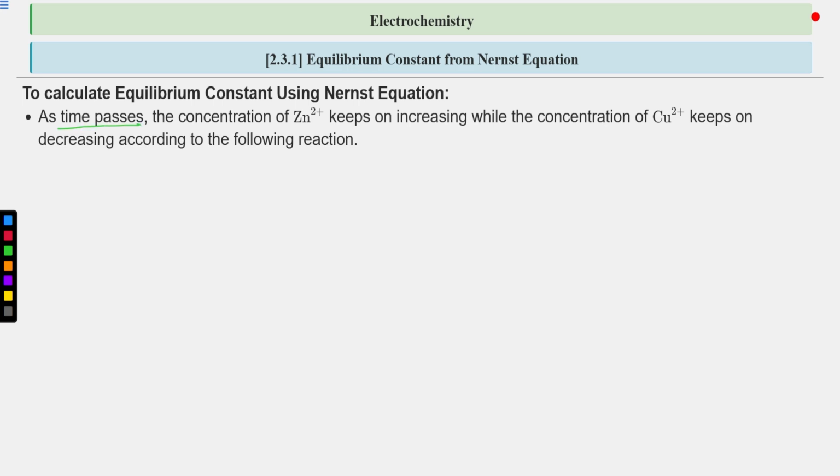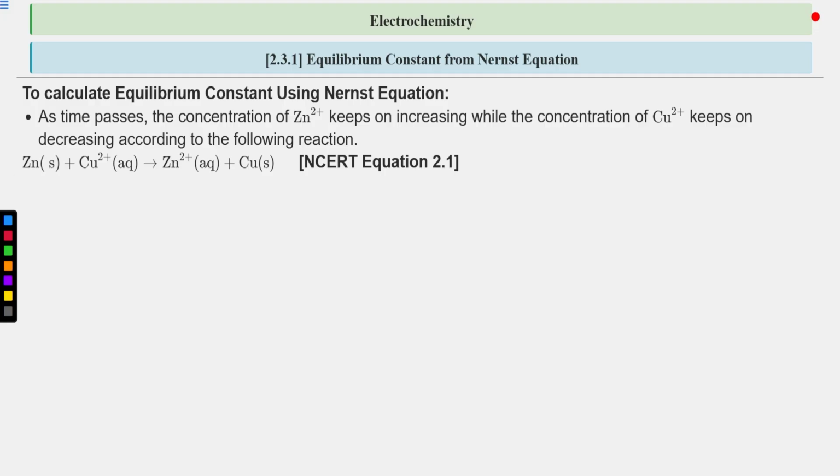As the time passes, the concentration of zinc 2 positive keeps on increasing, while the concentration of copper 2 positive keeps on decreasing according to the following reaction. We have already seen the diagram for the Daniell cell. If the circuit is closed, as time passes, the zinc 2 positive concentration keeps on increasing and the copper 2 positive concentration keeps on decreasing.